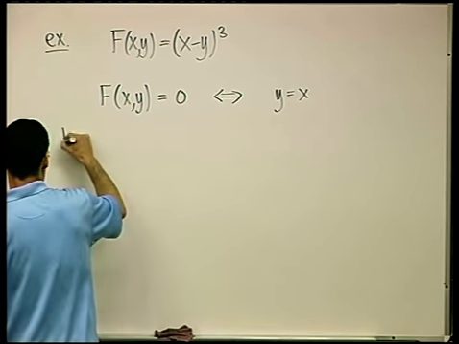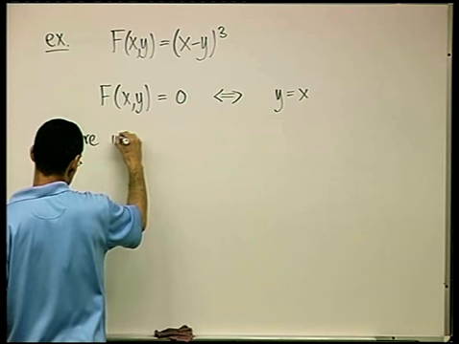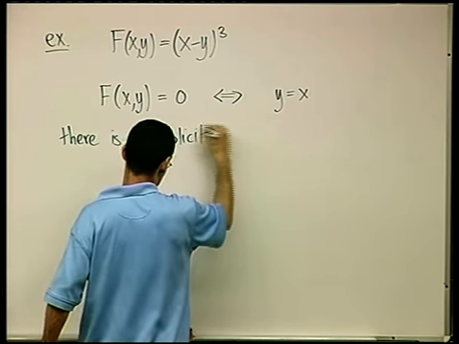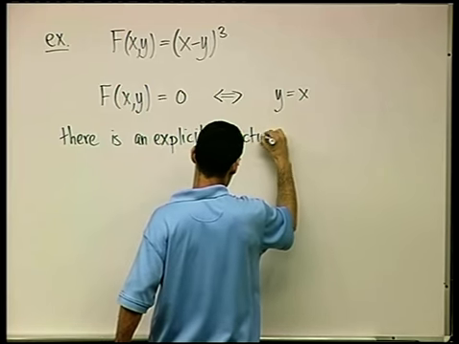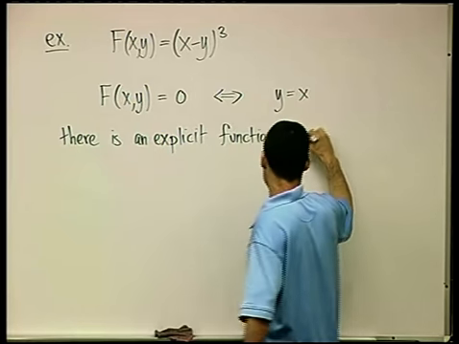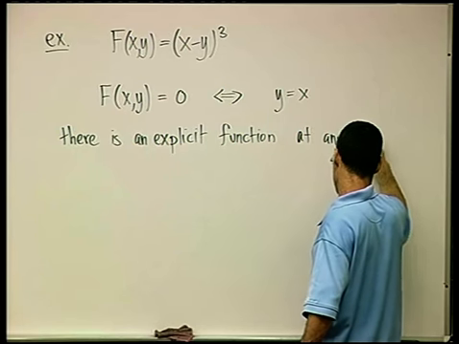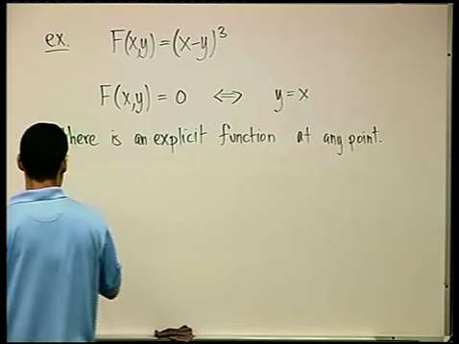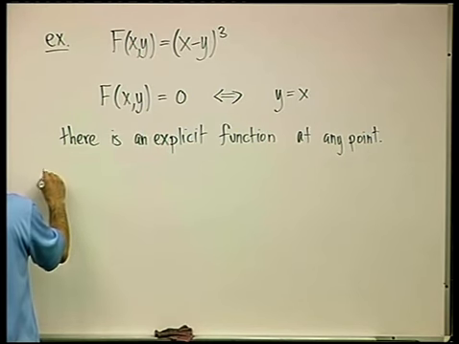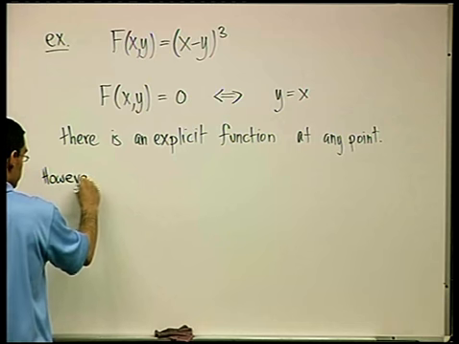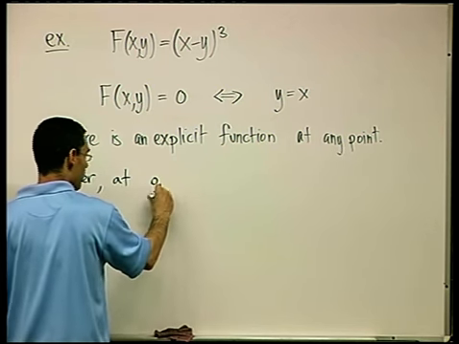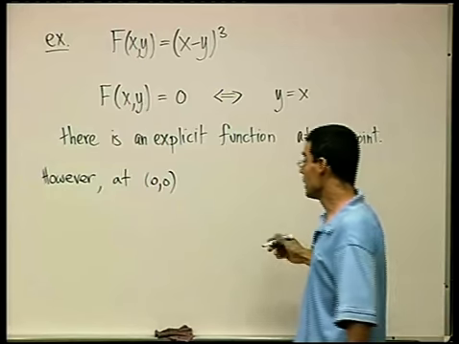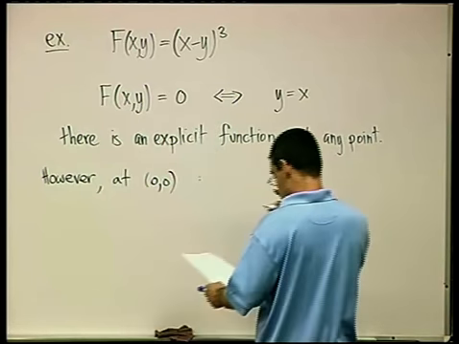Okay, so there is an explicit function at any point. Okay, however, at 0, 0, the theorem won't find it. Okay? What happens at 0, 0?